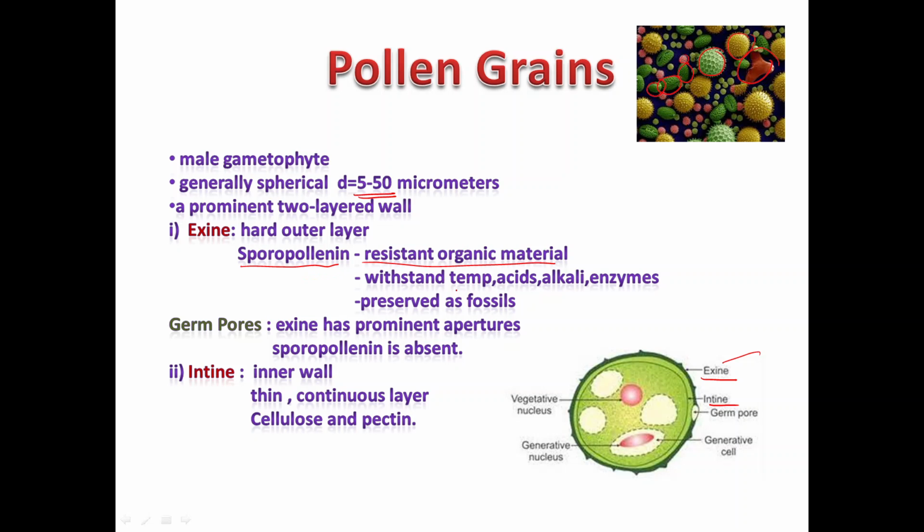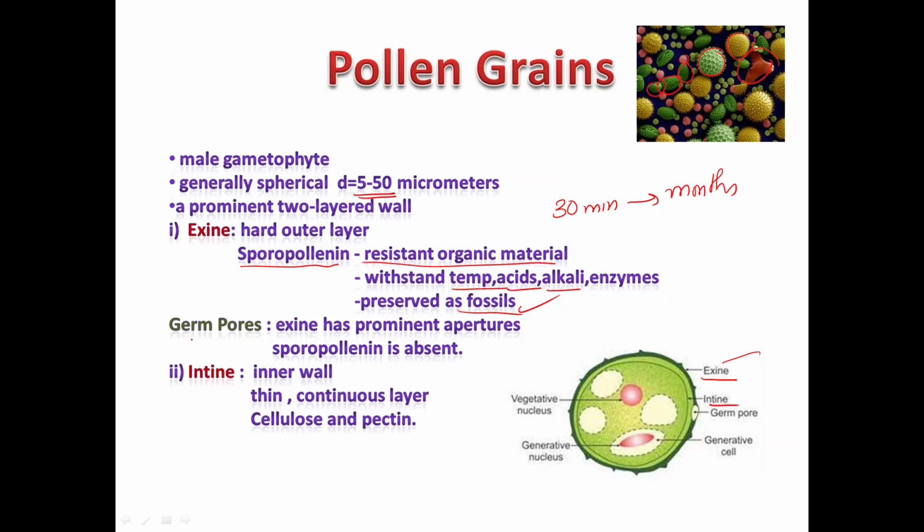It can withstand high temperatures, strong acids, strong alkalis, and no enzyme has yet been discovered which can dissolve sporopollenin. So it is preserved as fossils also, and because of this exine coating, it can stay for about 30 minutes or even months or many years if it is fossilized.